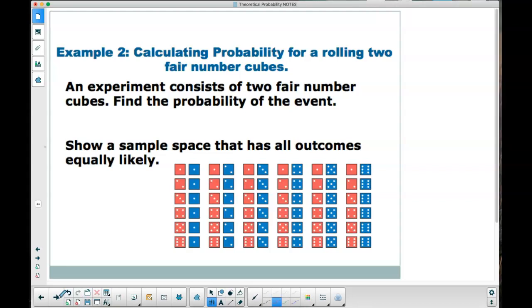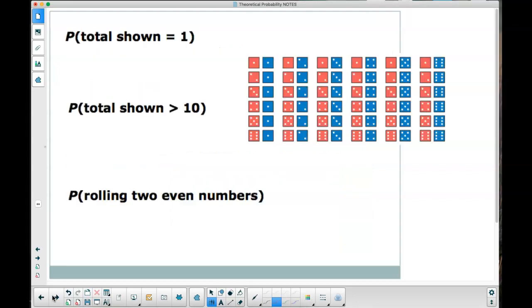Okay, I just made a copy of that, but that's what we just wrote down. So let's look at this. The probability that the total shown on the 2 dice would equal 1.